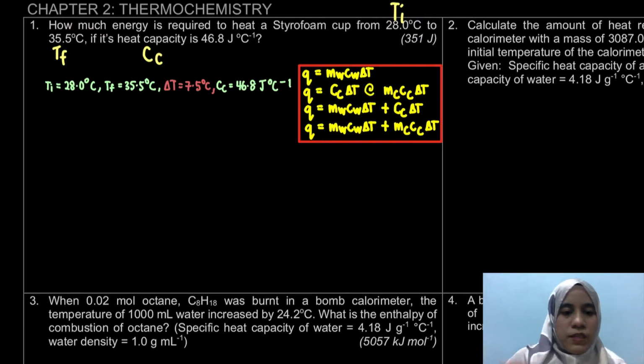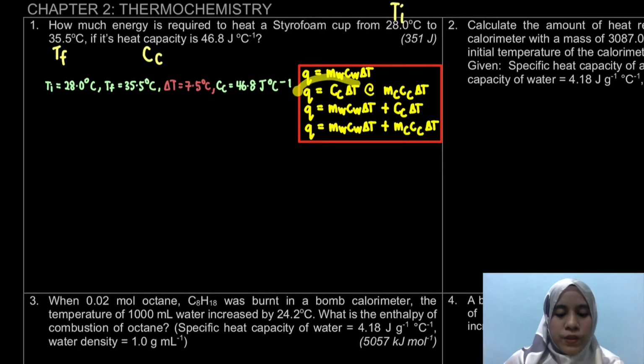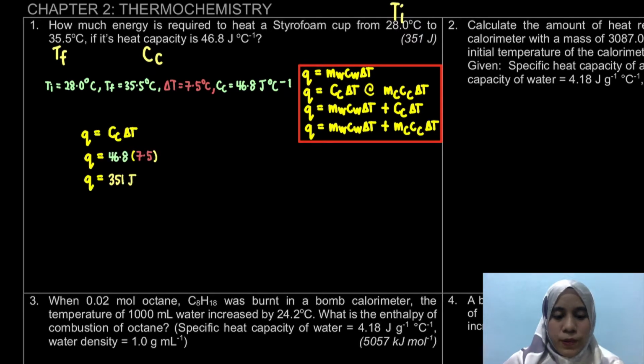Again, because this is about combustion or neutralization, it means heat is released, so the final temperature must be the higher one. We substitute the value into Q equal to CAT, hence we get this value. Tada! Kind of straightforward sahaja. This is the type yang straightforward, introduction only. So that's question number 1.